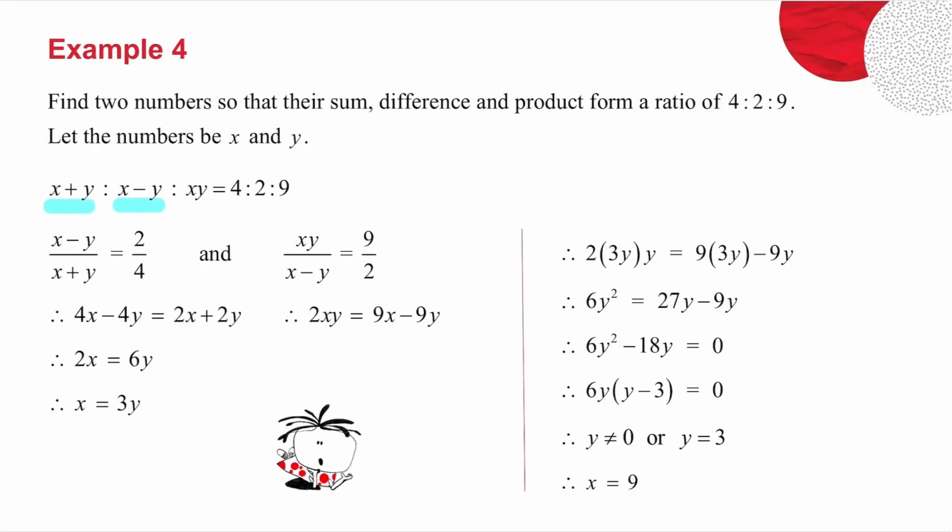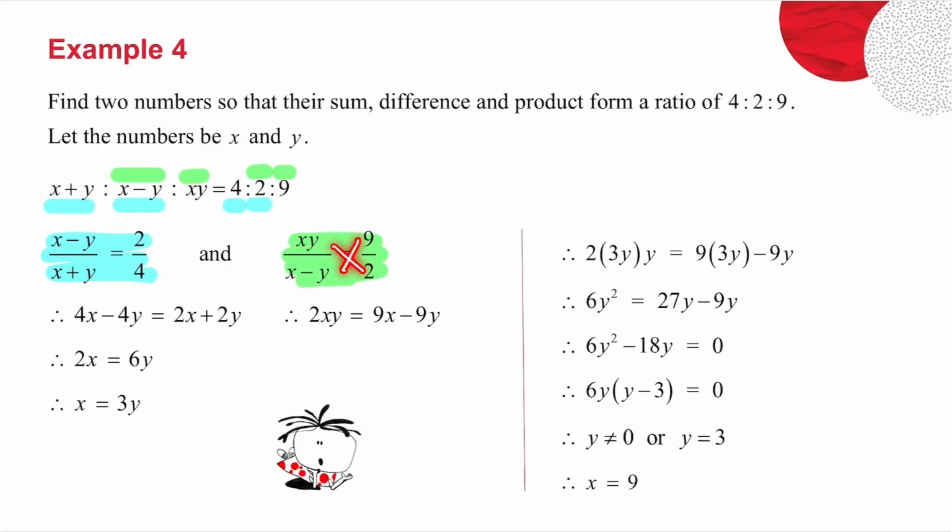That over that must be equal to 2 over 4. So there's one of the ratios. I cross multiply and I simplify, and I get that x is equal to 3y. I then take this one over this one, which must equal 9 over 2.